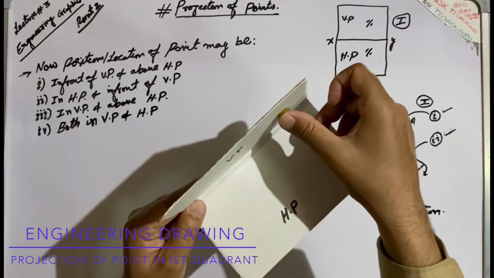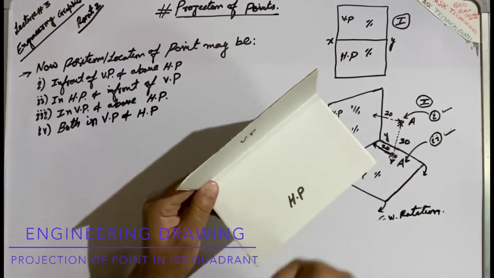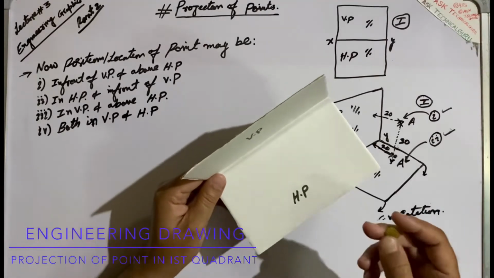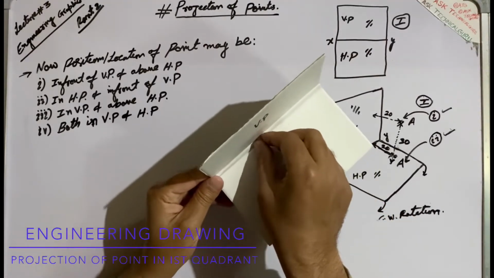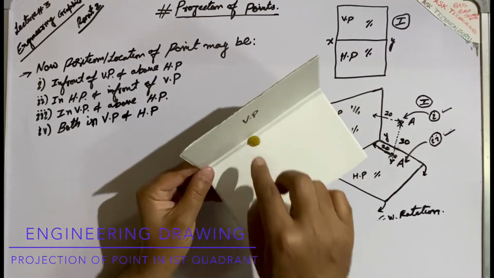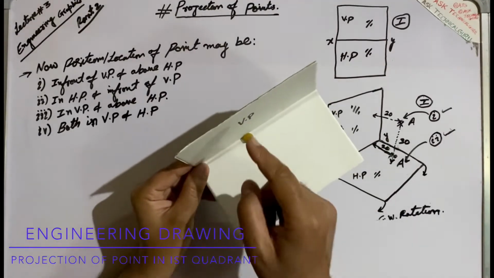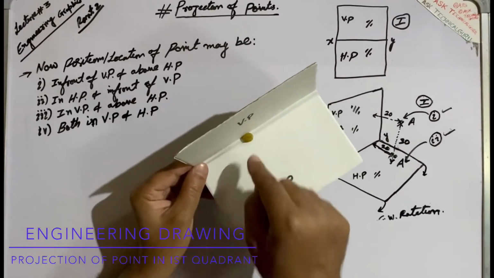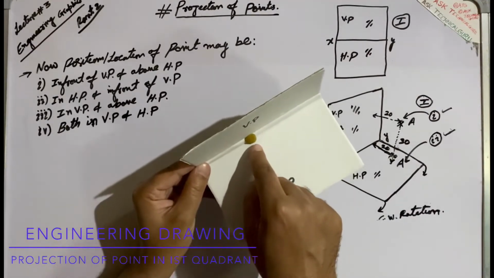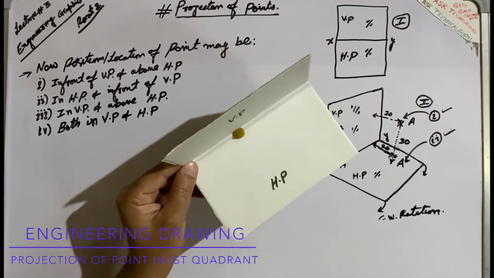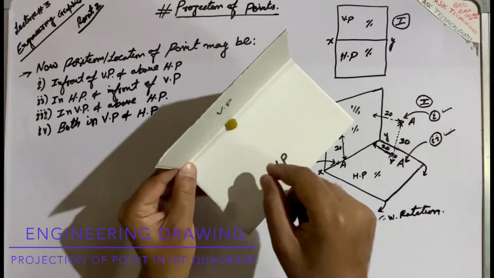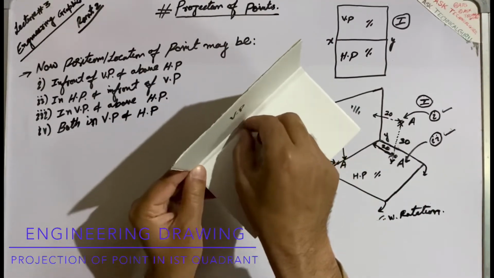This is condition number third. And condition number fourth is both in the vertical plane and horizontal plane. That condition is fulfilled here, this point which separates the two planes, vertical plane and horizontal plane. This is where the fourth condition is fulfilled. Hope you have got this point by this pictorial, this model view also.